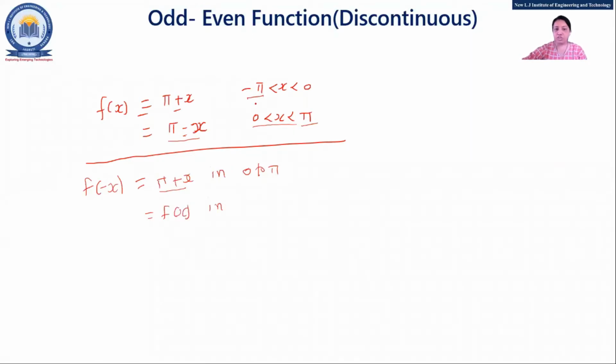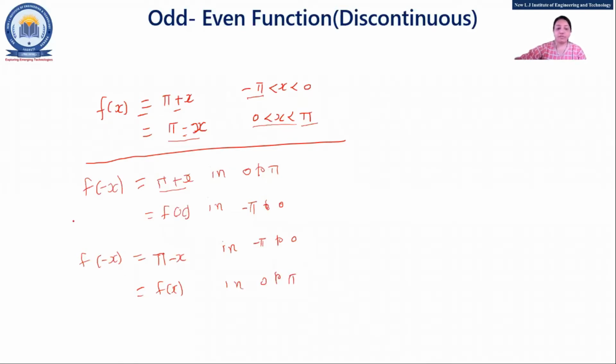In the same way, f of minus x in the first equation, in minus pi to 0, you will get pi minus x. Now pi minus x is f of x, but in the interval 0 to pi. So you will get your answer.